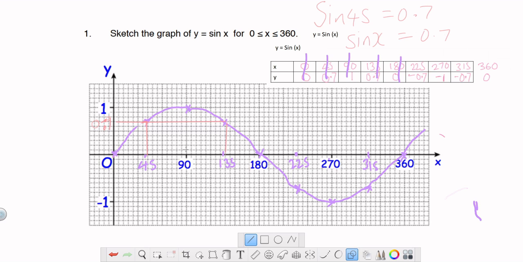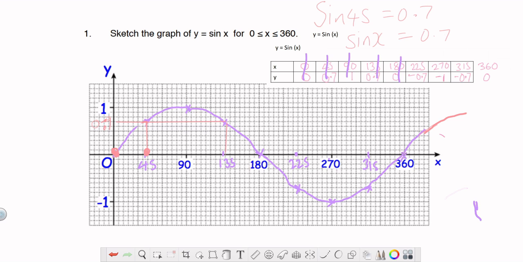There's no need for that because I can already see a pattern here. That graph carries on like a wave, forever and ever. Now, if you look back over here, between the 0 and the 45, you can see when it's sine 0, it starts here at 0.